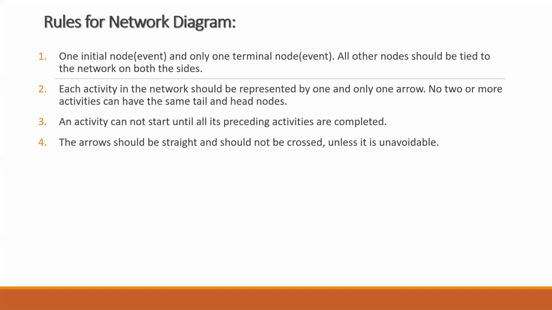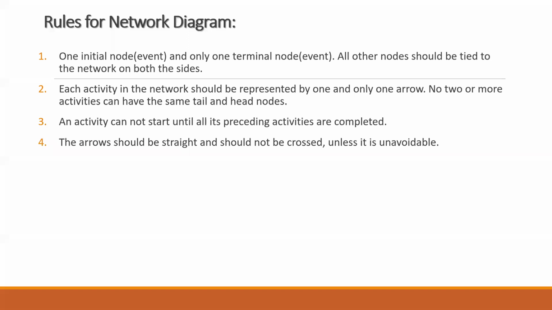The fourth point is the arrows should be straight and should not be crossed. There can be an exception: if by chance the network diagram becomes very complicated and there's no other option but to cross two arrows, only in that case should arrows cross each other.